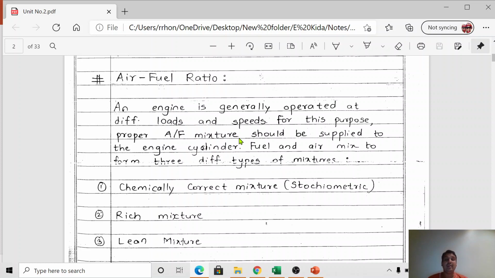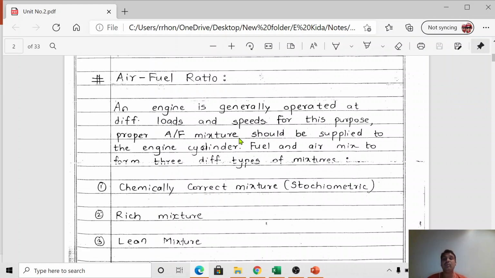In this case the load conditions are different. Sometimes you ride your bike at a speed of 40 km per hour. Sometimes if you are in a hurry, you will increase the speed of the vehicle to 80 km per hour.